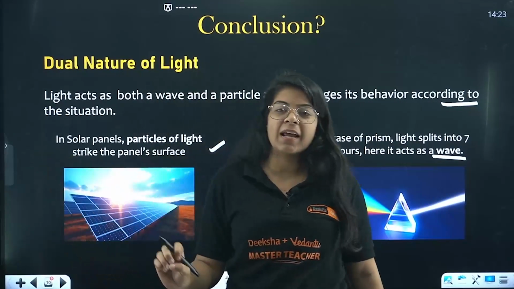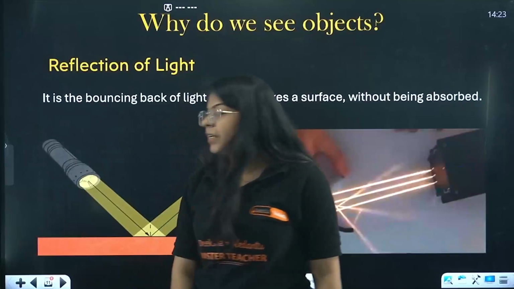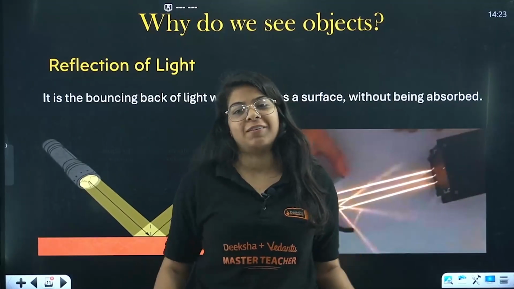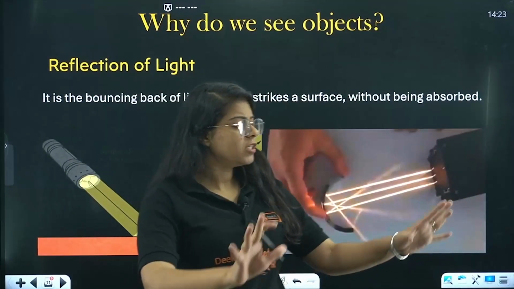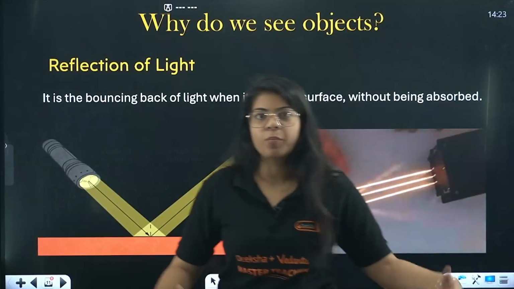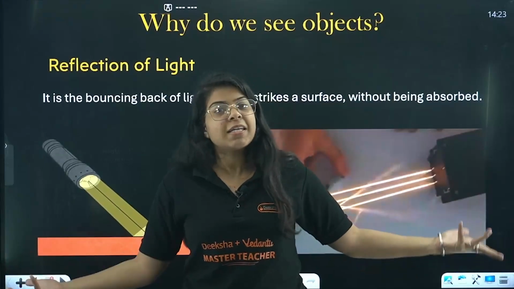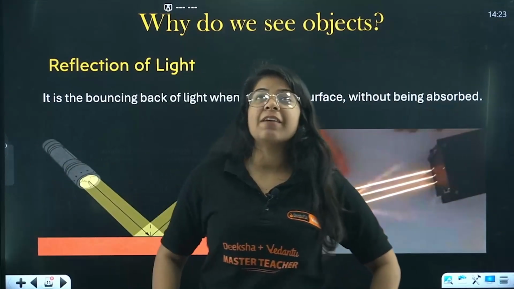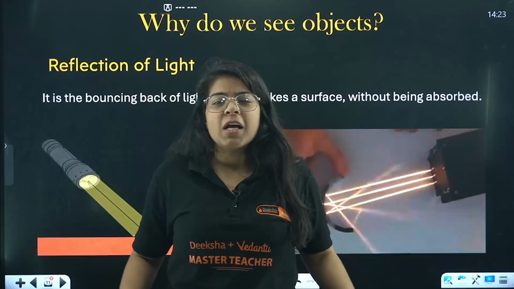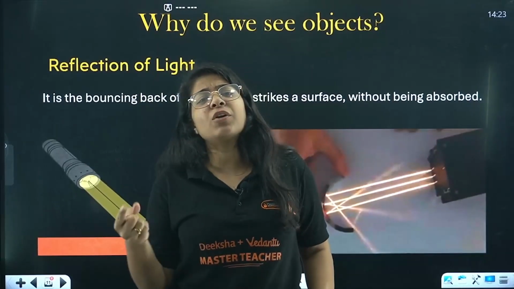Till here everything clear? Now after that beta, we have to see one thing. That is, why do we see objects? Ma'am, I open my eyes, I see some objects. Yes, but if you close your eyes, if I close all the light from here, the objects are still here. Why do we not see them?